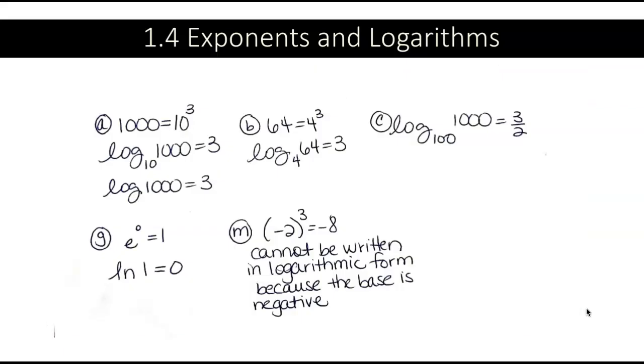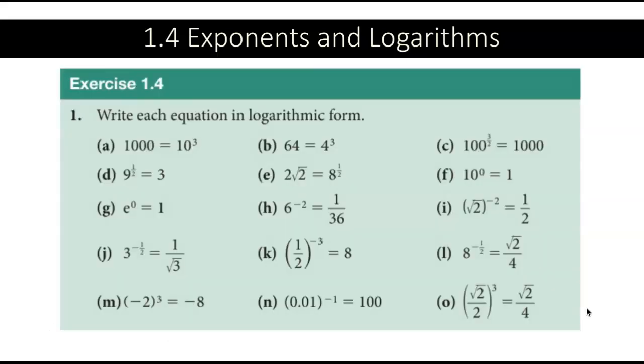I'm going to write this as the log base 10 of 1,000 equals 3 because it's number, answer equals power. And I can drop the 10, because base 10, we all know when we see log by itself without a base, it's automatically 10.